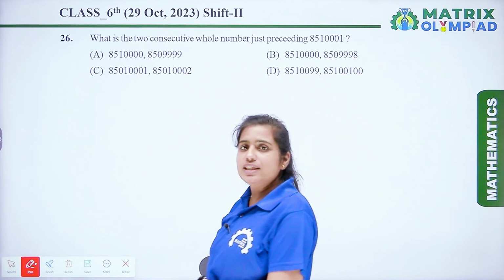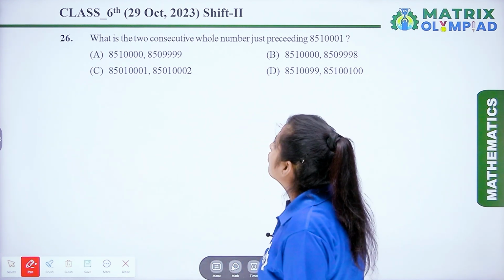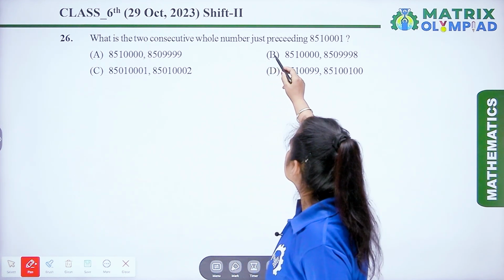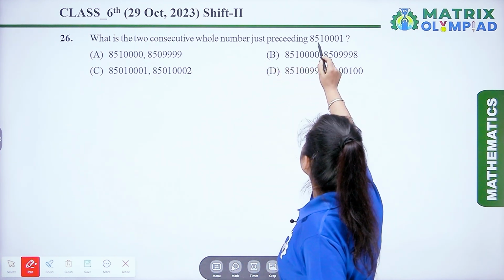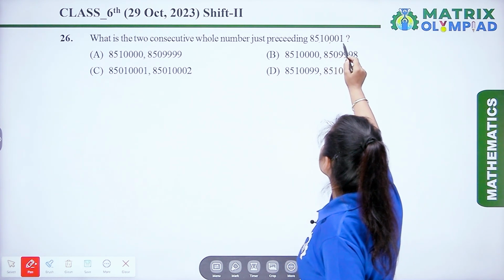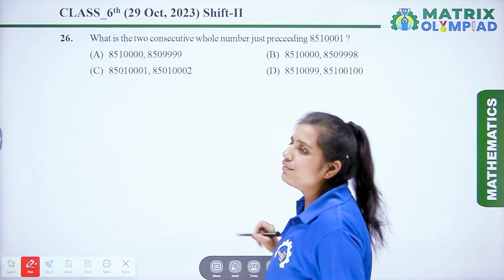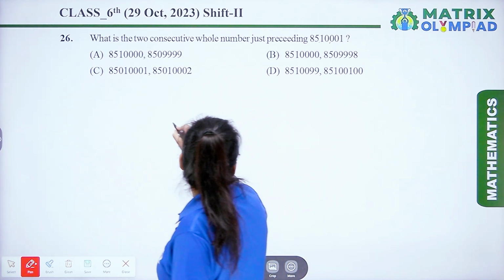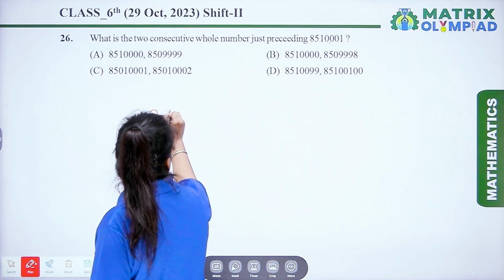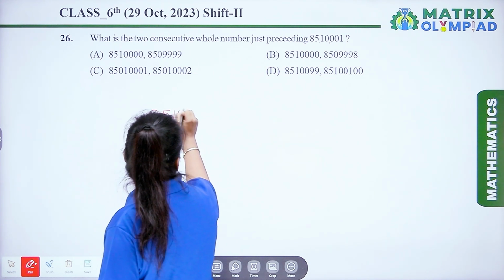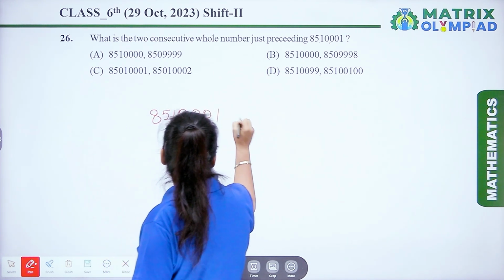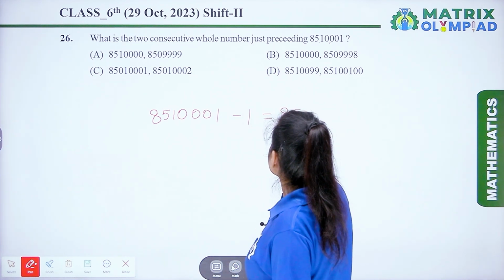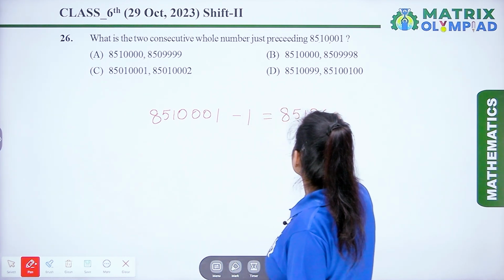Now in the 26th question, it is asked what are the two consecutive whole numbers just preceding 85,10,001. So here we have to find two consecutive preceding numbers. The original number is 85,10,001. Minus 1 gives us 85,10,000.